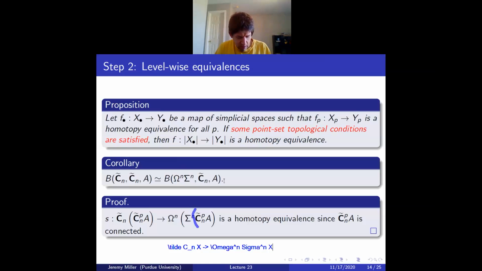by homotopy equivalence, I really mean what's called a weak homotopy equivalence. So it induces an isomorphism on homotopy groups. If everything you're dealing with has the homotopy type of a CW complex, then that's equivalent to saying actual homotopy equivalence.